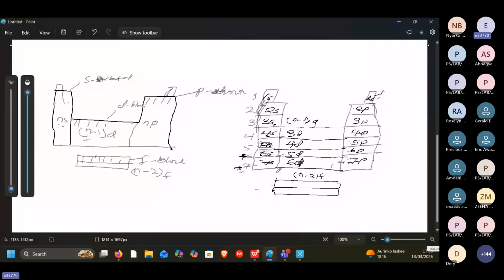So this is how we'll get to have the arrangement of these electrons in the orbitals. If we are going to be writing the electronic configuration, it depends on where the element belongs. That's where the electrons will be ending.